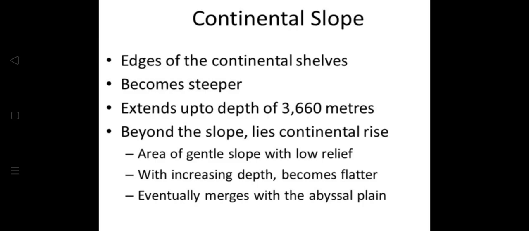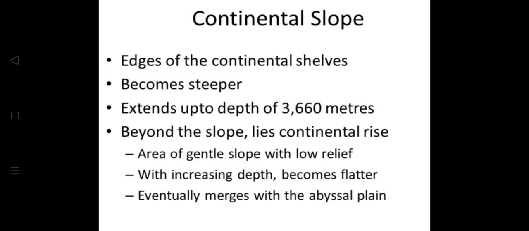Beyond the slope lies the continental rise. Here, what happens? It is an area of gentle slope with low relief, and with increasing depth it becomes flatter and eventually merges with the abyssal plain. So we've finished getting more knowledge about the continental shelf and continental slope.